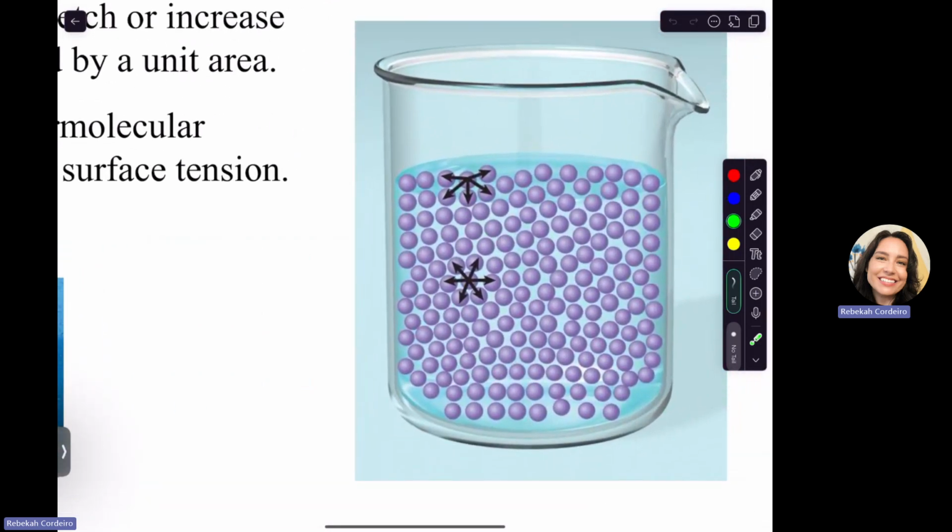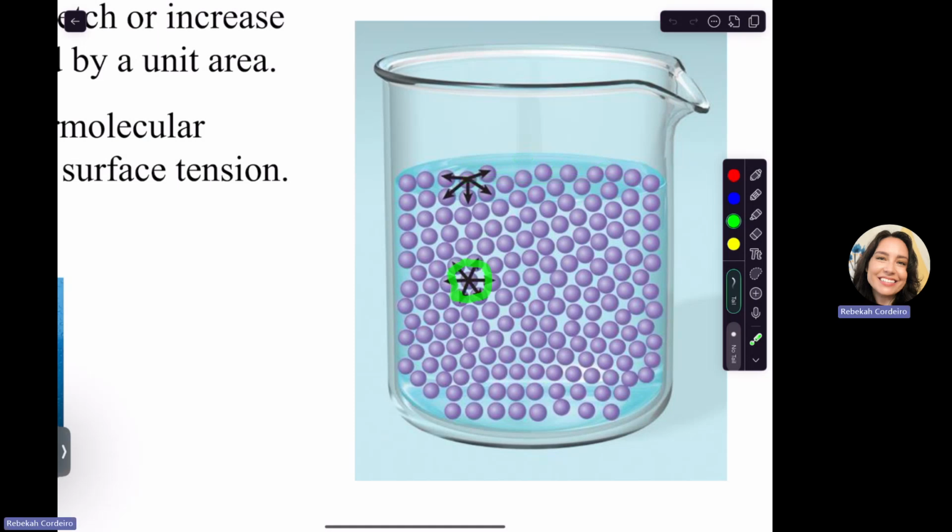So it takes a lot of energy to move the particles around to increase that surface area. Things can float on top of water if they're particularly light. There are bugs that have specialized feet to be able to stride atop water.